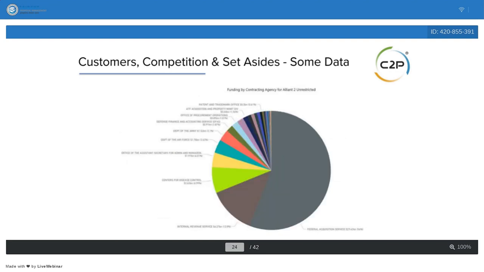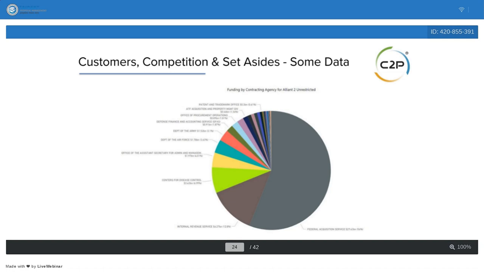So in our next slide, we take that same data and look at who is doing their spending on the Alliant 2 vehicle. Again, this is the unrestricted one, so there may be some slight differences, but these same groups are going to have to meet all of their small business quotas, which means that if they're already comfortable with Alliant 2, they'll likely be comfortable with Polaris as well.